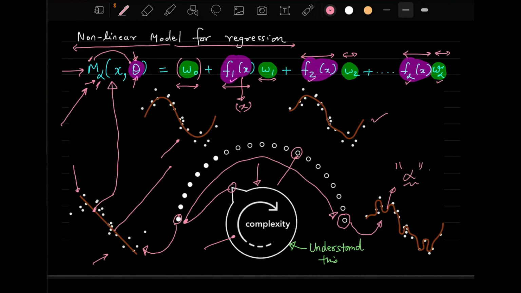It can be anything like 15 or 20, just as a rough guess. Now you can see the polynomial is very highly complex and nonlinear, and it is completely fitting this data set. So this is a small picture of the complexity dial.